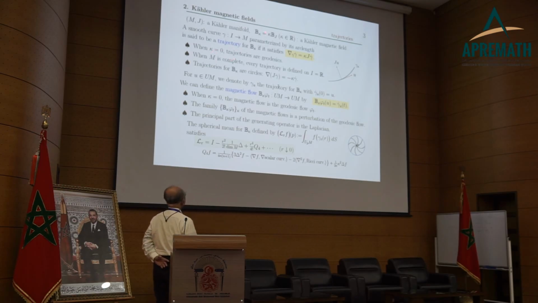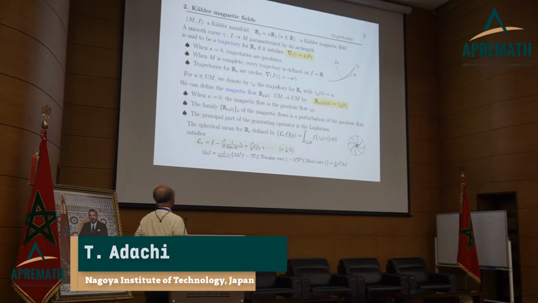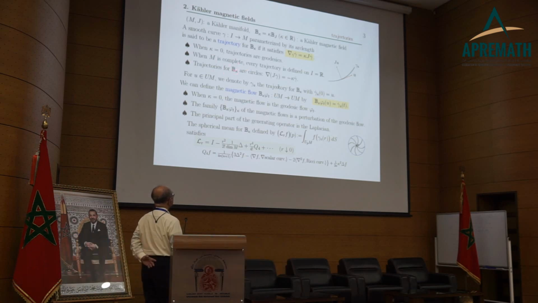When kappa is 0, trajectories are geodesics. Moreover, trajectories for the Kähler magnetic field are circles because the complex structure J is parallel. So we have this equation. Hence, the trajectory is a kind of circle.